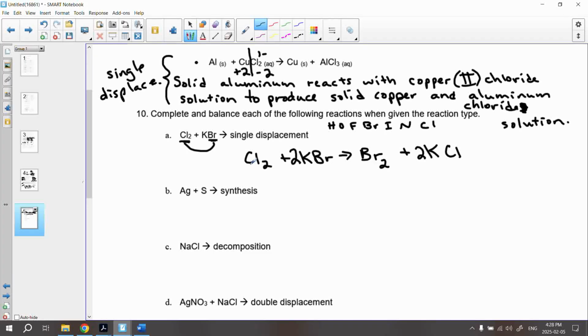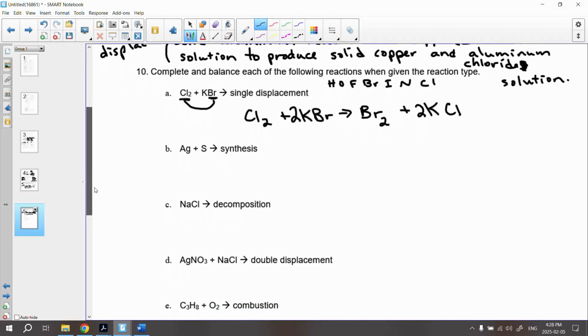It doesn't always work like that. These are completely new substances over here, so you treat them separately from the reactants. Look at them as something entirely new. This bromine needs a 2 because it's a Hofbrinkel. These get together 1 to 1 because potassium's a +1, chlorine's a -1.